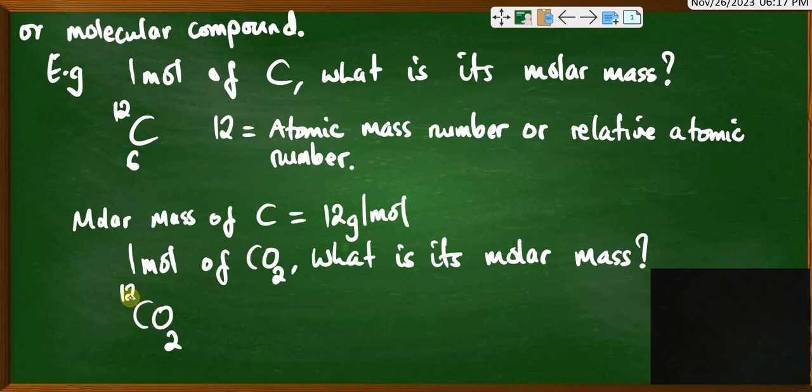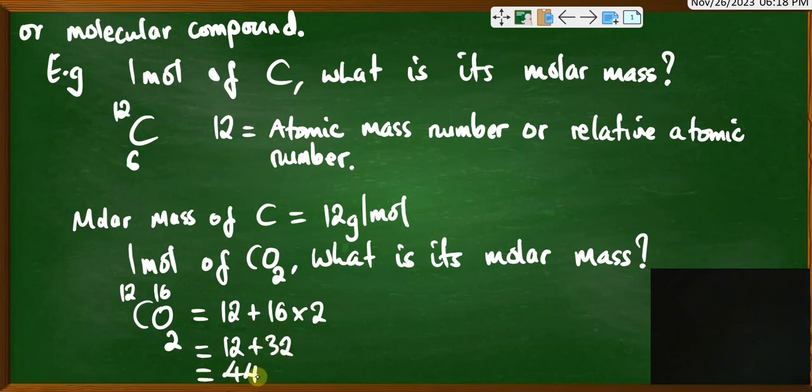Carbon's relative atomic mass is 12, oxygen is 16, so we total up: 12 plus 16 times 2, which is 12 plus 32. If you add this, you get 44.